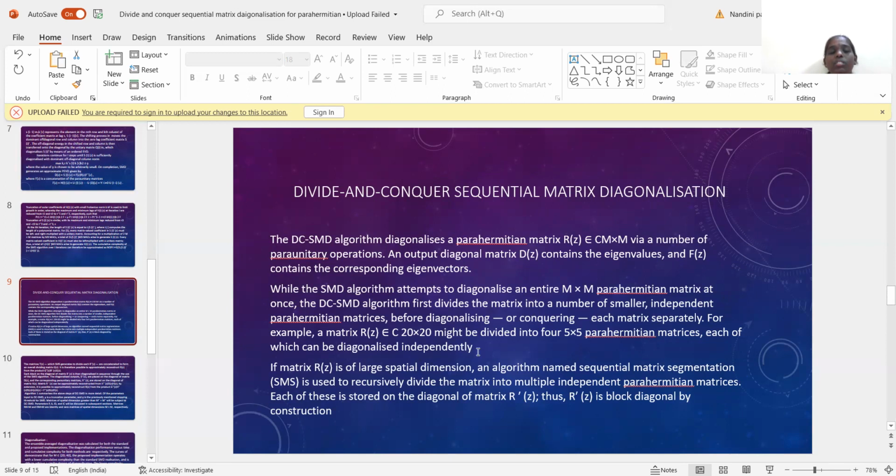Each of these is stored on the diagonal of matrix R(z). Thus, R(z) is block diagonal by construction.